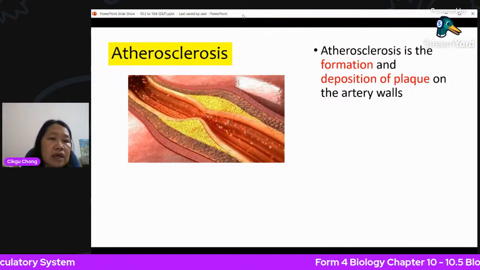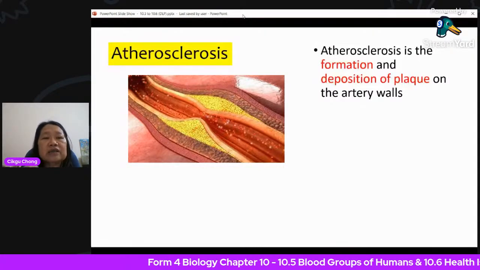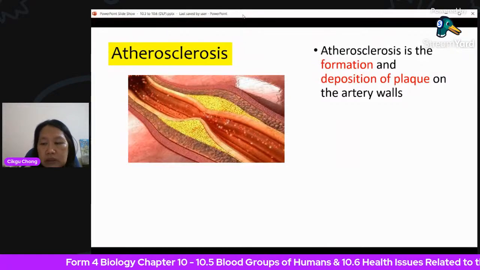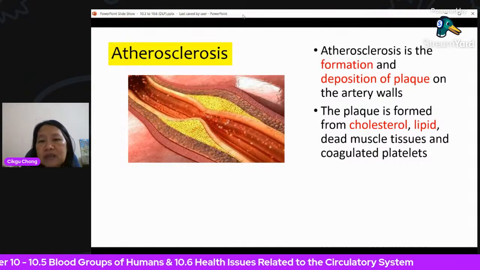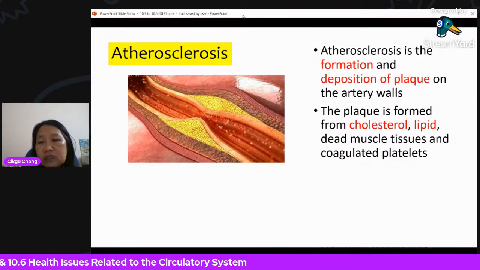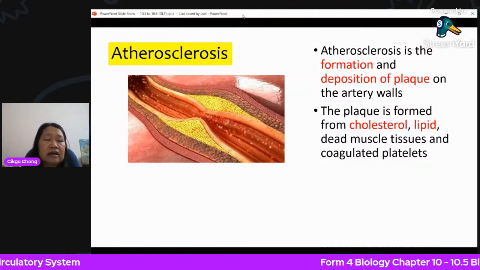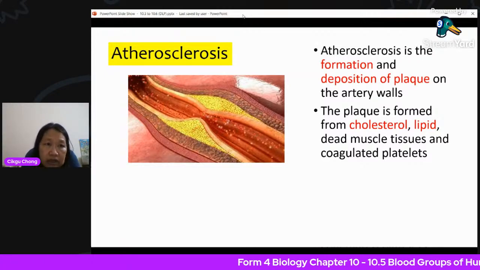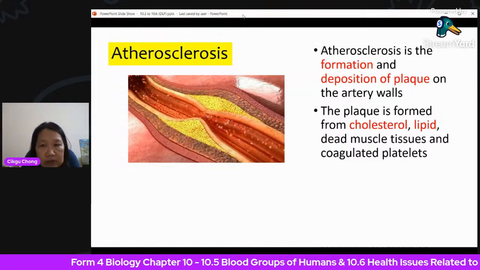Plaque can be formed by fats, cholesterol, things that stick onto the side of the wall here. So the plaque is formed from cholesterol, from lipid. It can be dead muscle tissues, coagulated platelets. If the platelets are too sticky, they get stuck over there, and it becomes narrower. You see the blood vessel, the diameter became narrow because of the plaque formation.